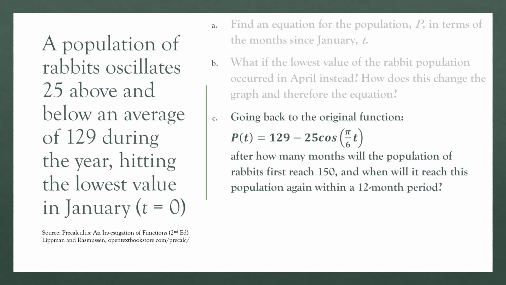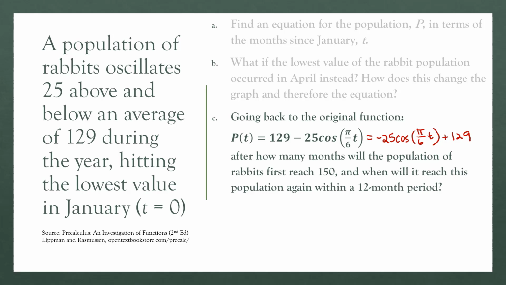All right, and the final part of this question says, going back to the original function, so this is what we came up with on part A. Actually, that doesn't look quite right. What we had was negative 25 cosine of pi over 6t plus 129. That's what we wrote if you go back in this recording.